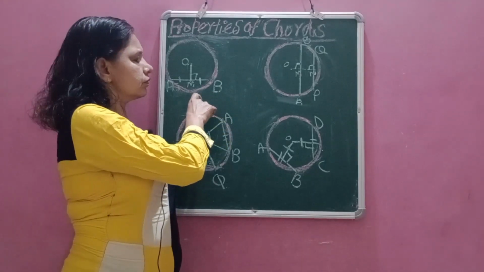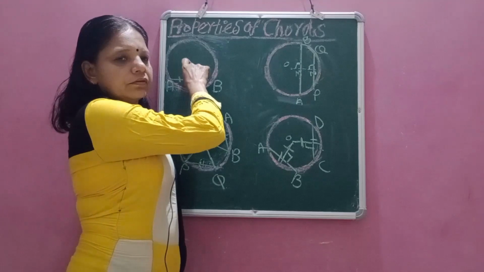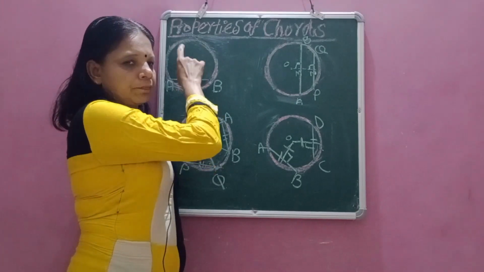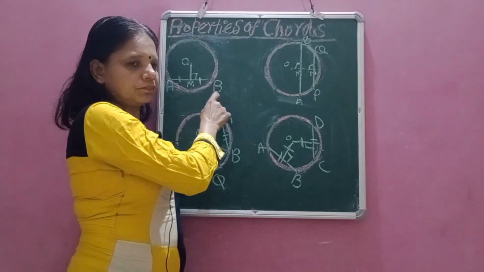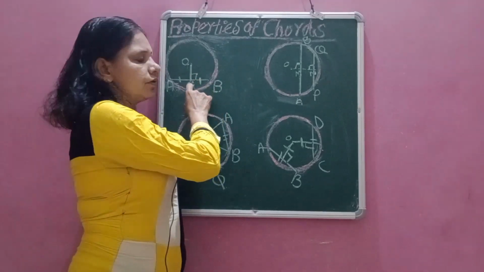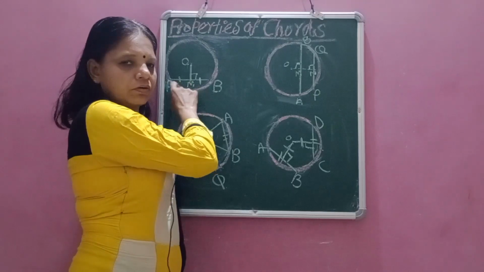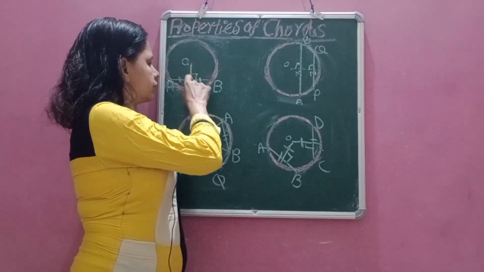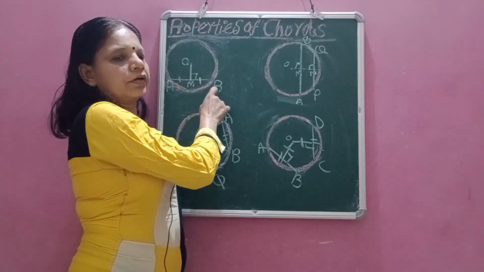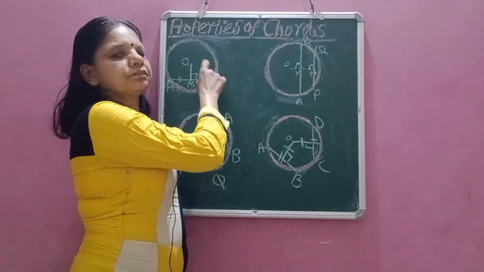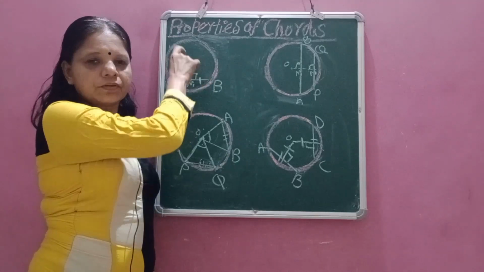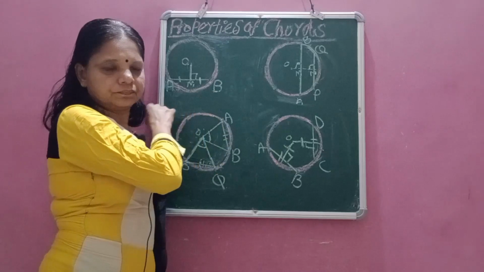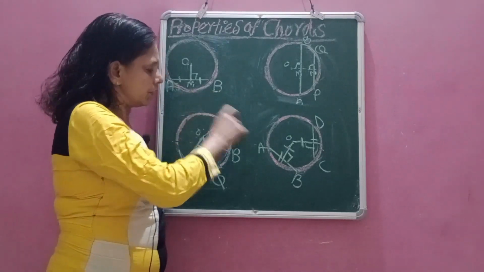If M is the midpoint of the chord AB, and O is the center of the circle, then OM is perpendicular to chord AB. Or perpendicular drawn from the center of a circle to a chord bisects the chord. Clear? That is the first property.